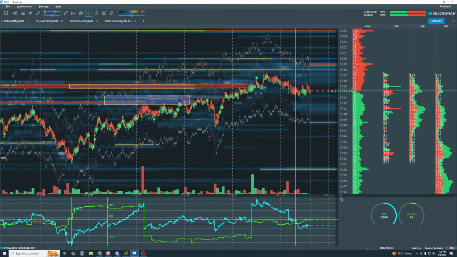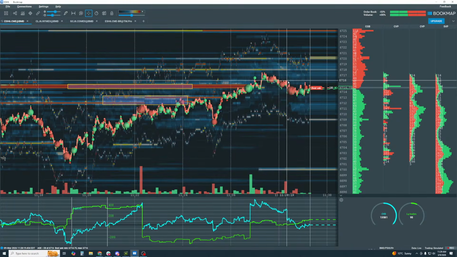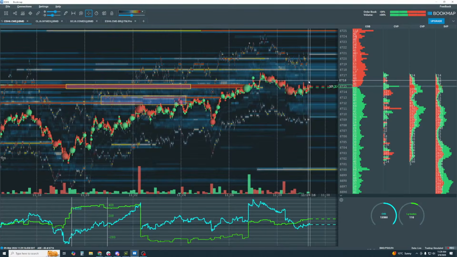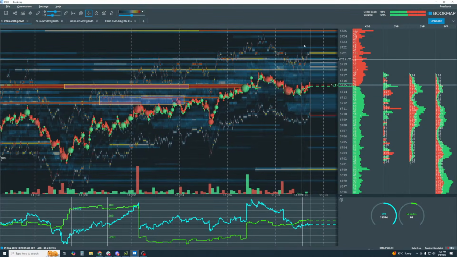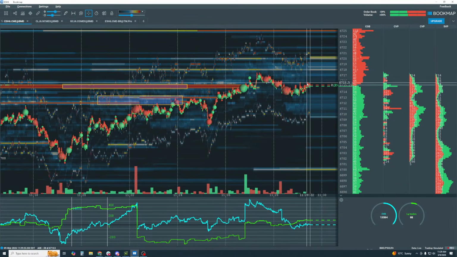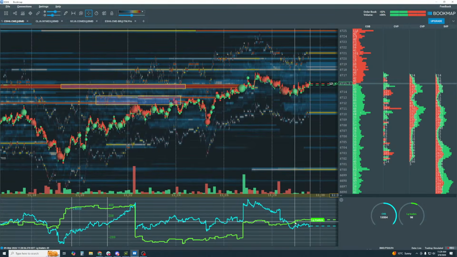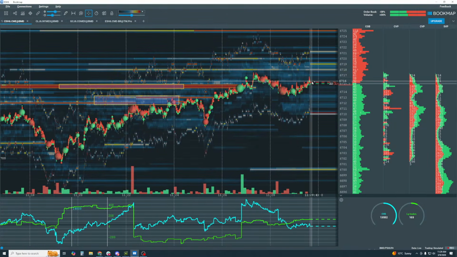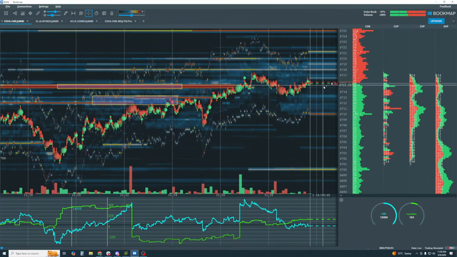I would love to see it come back up here and then see more aggressive buyers on this CVD, the green one, and then we can get another squeeze up to the upside, meaning these sellers in here will have to feel the pain and maybe flip out on the way back up. Let's see if we get it here. This is what we're looking for. See that buying coming in here? This is aggressive accumulation in here. Okay, let's see if we can get some more in here, and we want to see big green dots now.